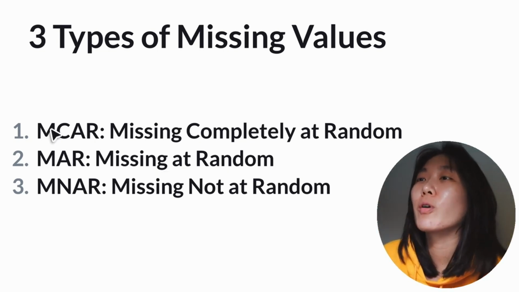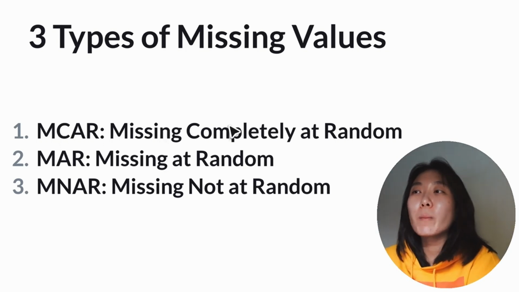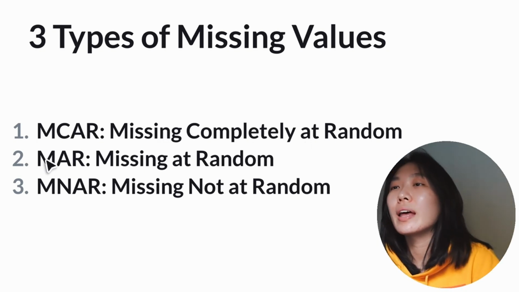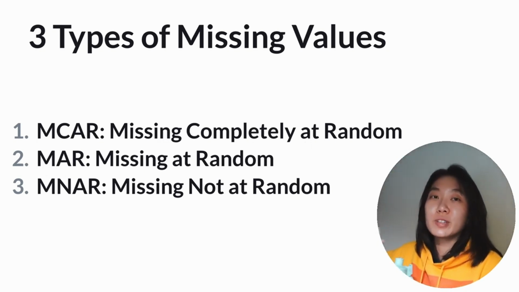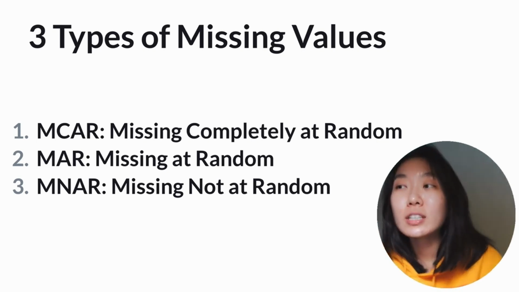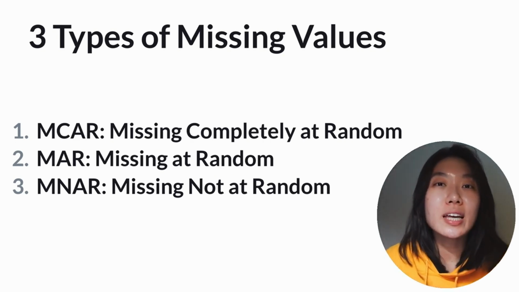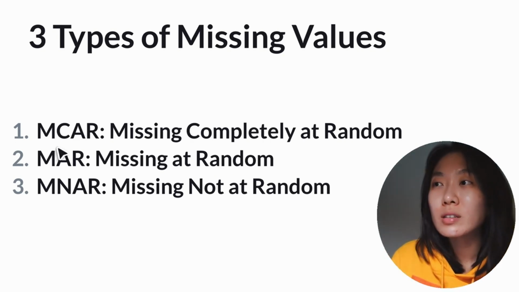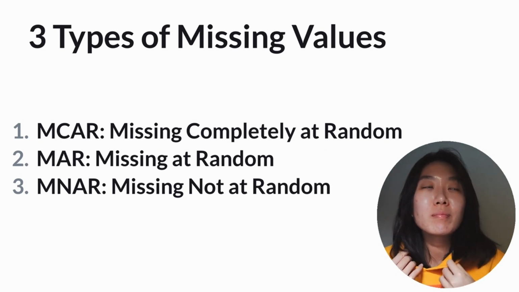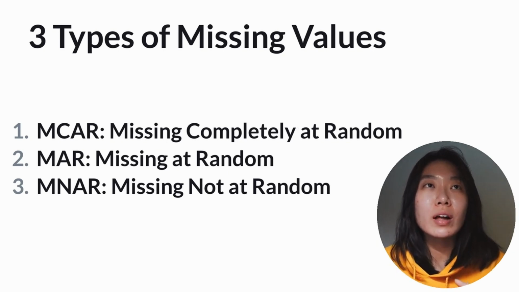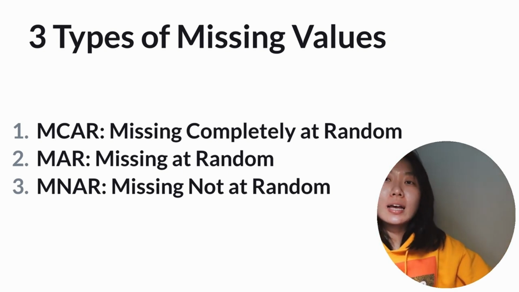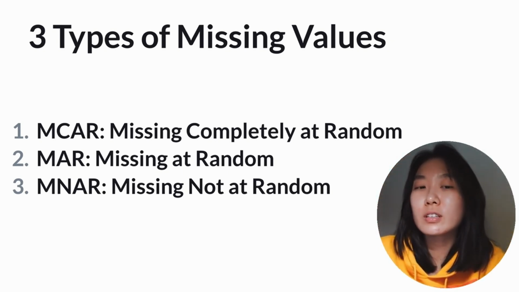The first one is MCAR, which is missing completely at random, then MAR, missing at random, and then MNAR, missing not at random. It is super important to understand what kind of missing values they are, so you can handle them better with different techniques. For example, let's go to the first example first.